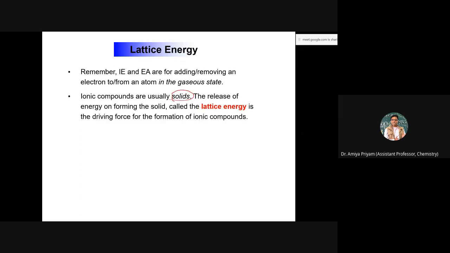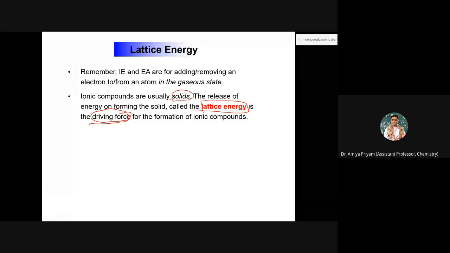like happens in the solid, then a large amount of energy is released when such a 3D network is formed, and that is lattice energy. So it is the lattice energy which is the driving force of this, because otherwise simple consideration of electron affinity and ionization energy tells you that it is not feasible for the compound to be formed.